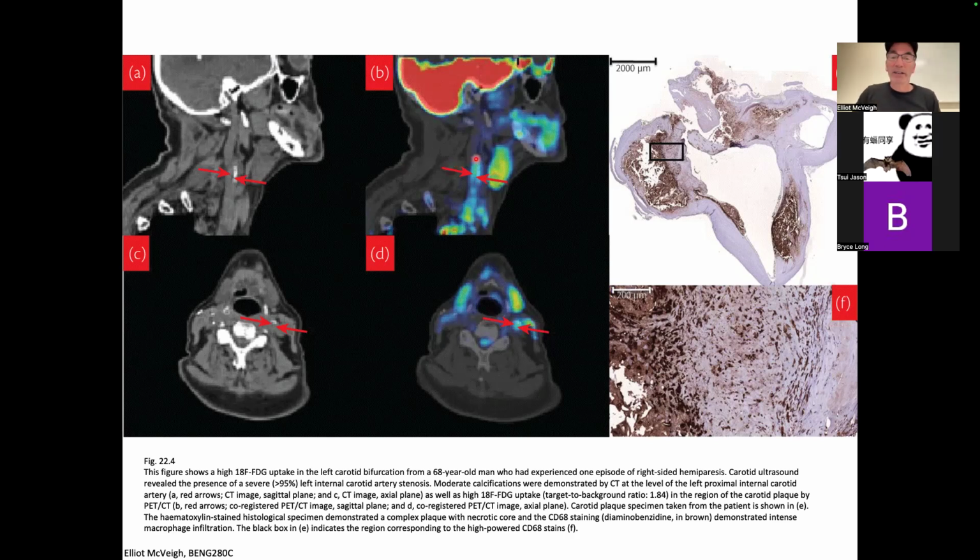And so here you've got this bright signal in the carotid artery, and that correlates with this thing here, which is basically a lesion that has been shown to have large inflammation and a lot of macrophage invasion, right? So B cells, T cells, things like that are going in there to try and kill whatever's in there, right? So it's getting inflamed.